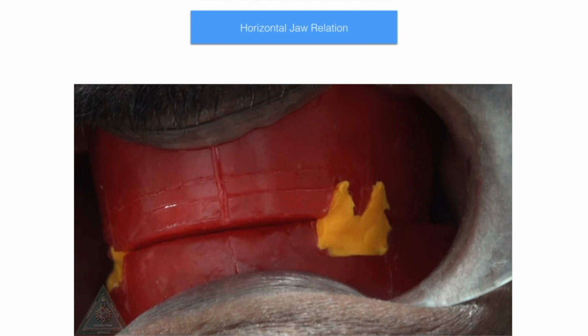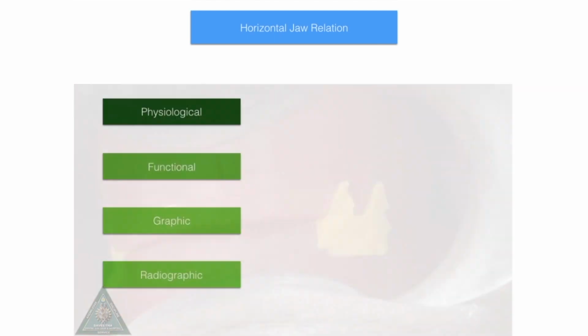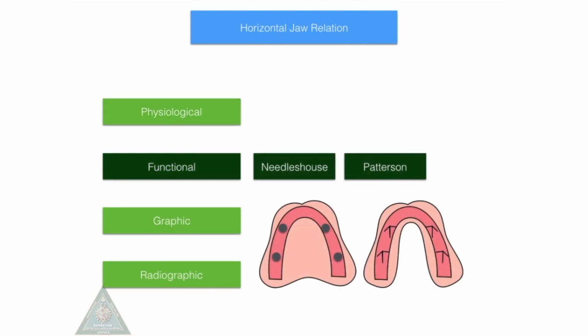The next method is the graphic method of recording jaw relation. Here we use what is called a central bearing device. It involves a central bearing plate, which is usually attached to the upper denture base, and the central bearing pin, which is usually attached to the lower temporary denture base. Then we ask the patient to make multiple movements, again forward, backward, right and left.